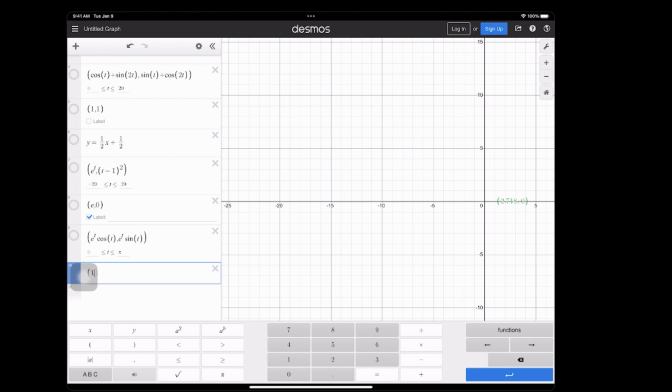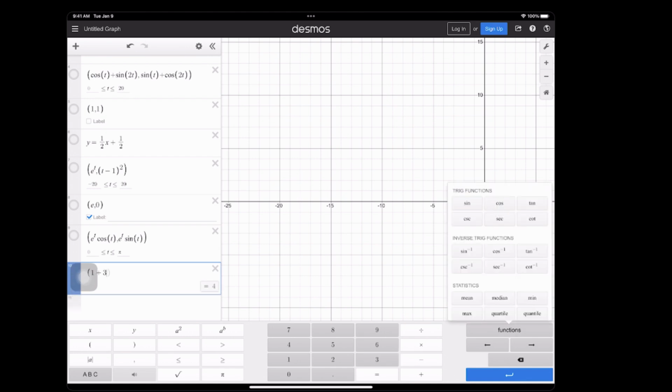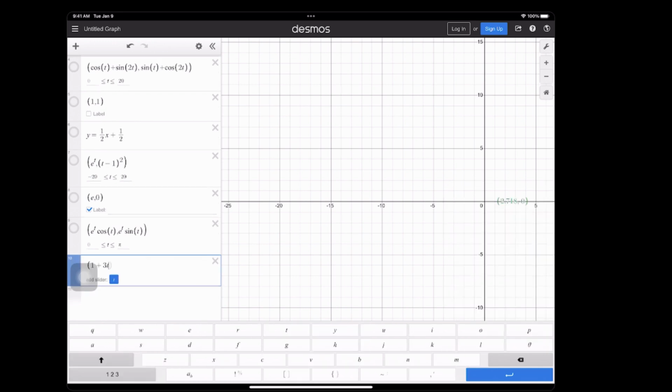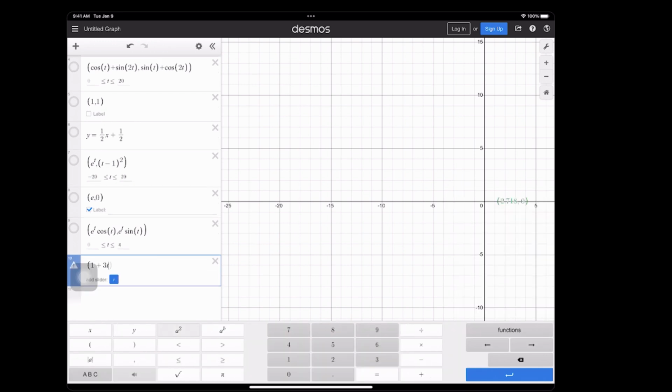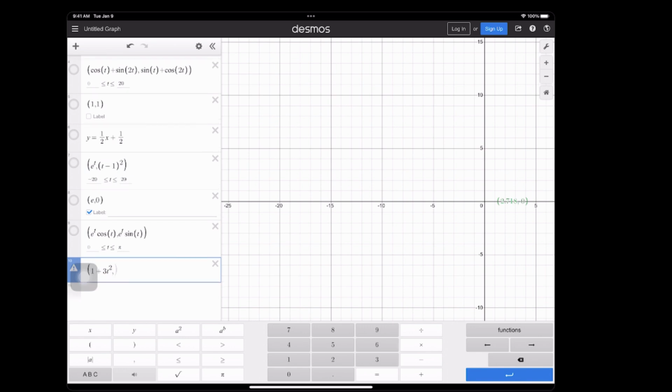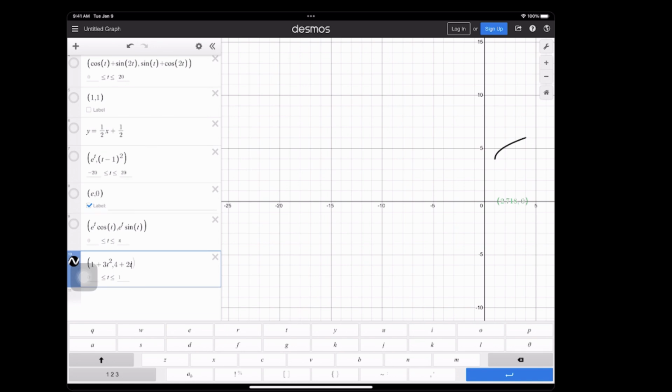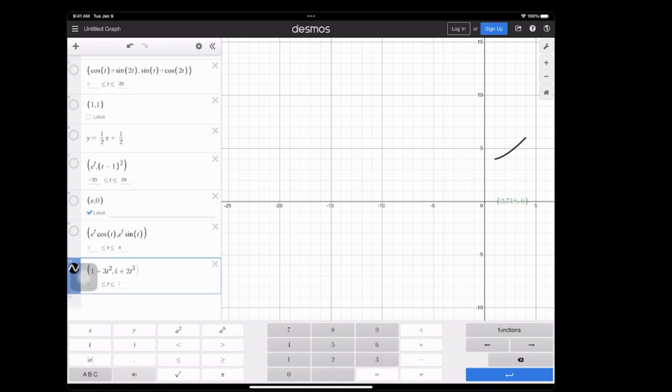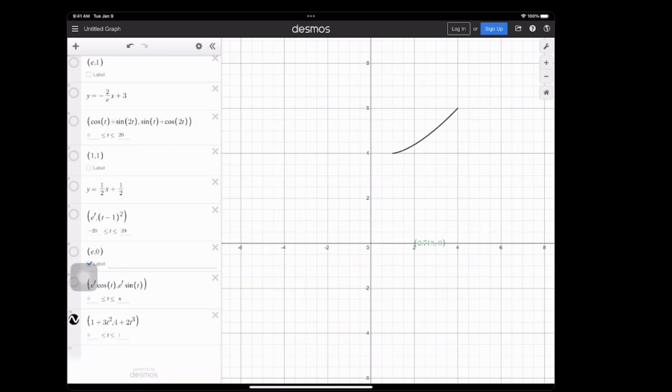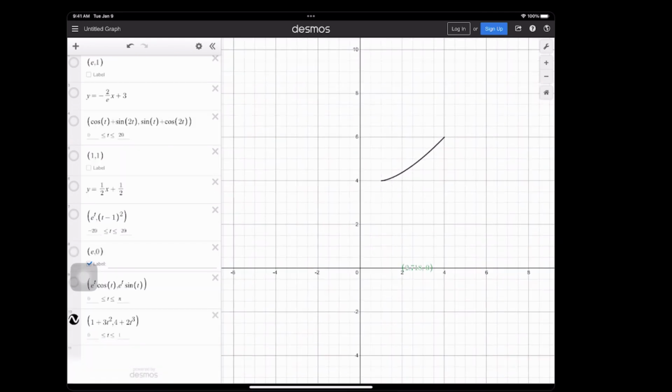So (1 plus 3t squared, 4 plus 2t cubed), and then that t goes from 0 to 1. All right, that's kind of a simple, nice curve to look at in terms of parametric equations. We're going to try to see what that arc length is.